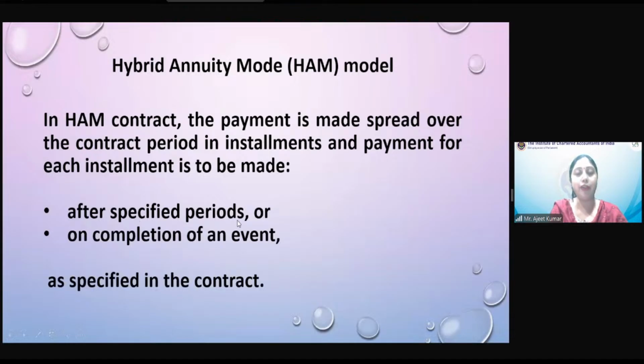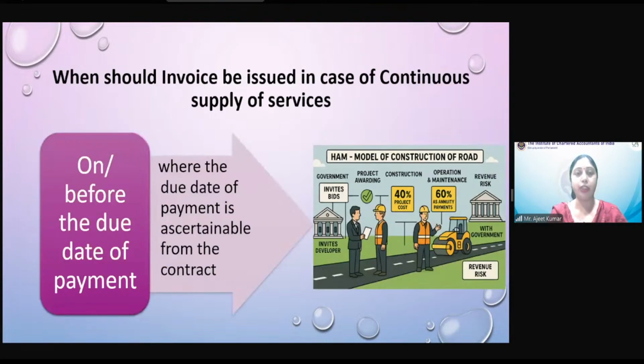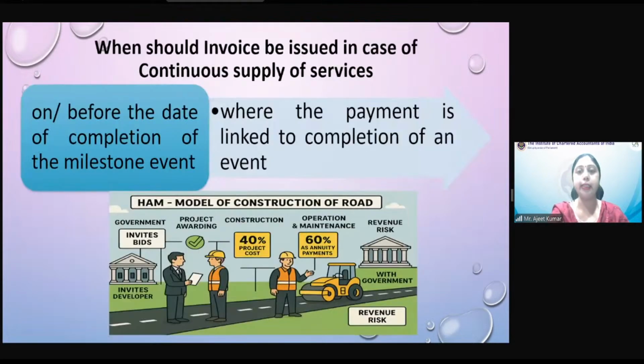Payment has to be made after a specified period. That means the due date is fixed. That is the first case. Second, payment has to be made on completion of an event. So where the payment is linked to the completion of an event, in that case, the invoice has to be issued on or before the completion of that particular event.